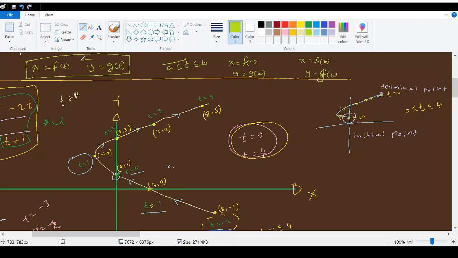Because this is how y behaves when we change the value of t. So the initial point can be written as the coordinate (f(a), g(a)), and this will be the terminal point.